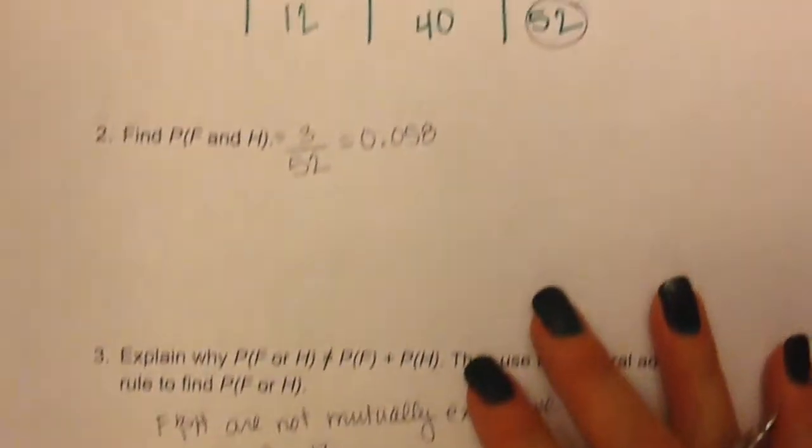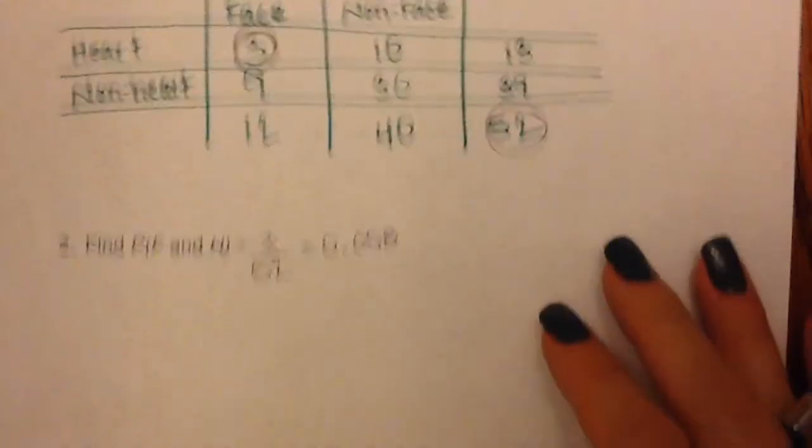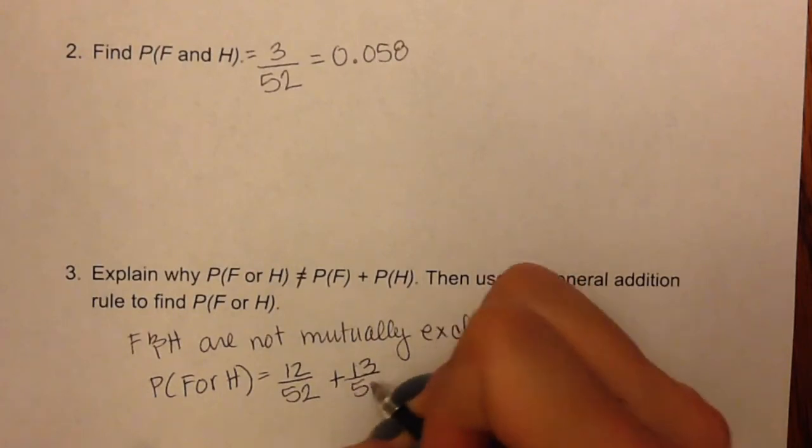Plus we're going to add to that the probability of H, which is going to be 13 out of 52.